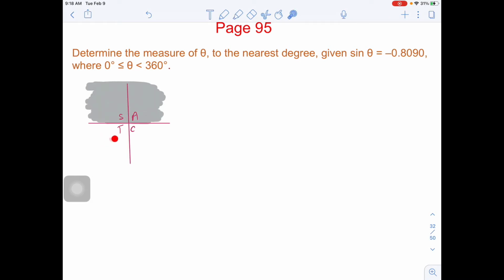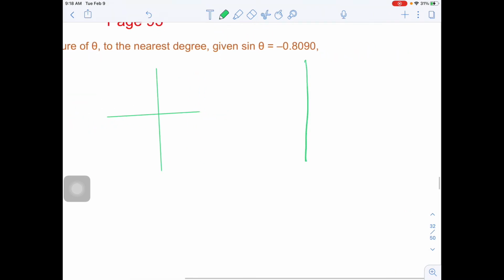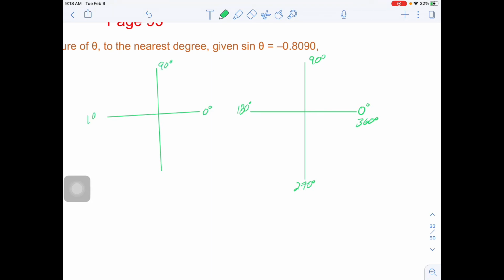So now we're going to focus on quadrant 3 and quadrant 4. So my first step is to draw these two cases out. So my case 1 will be quadrant 3, and my case 2 will be quadrant 4. Let's note all of our quadrantal angles, just so we have those written down for ourselves. So 0 degrees, 90 degrees, 180 degrees, 270 degrees, 360 degrees.